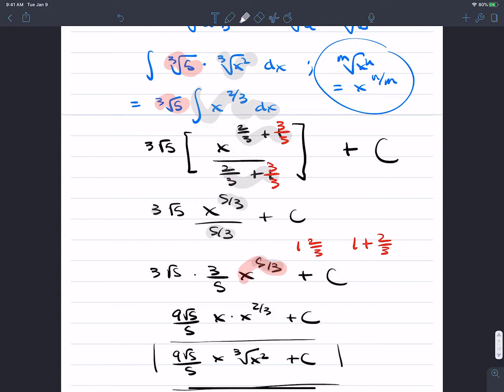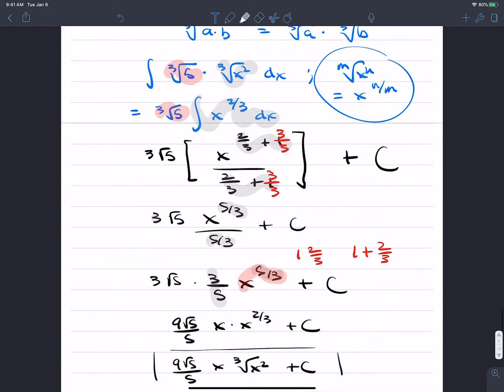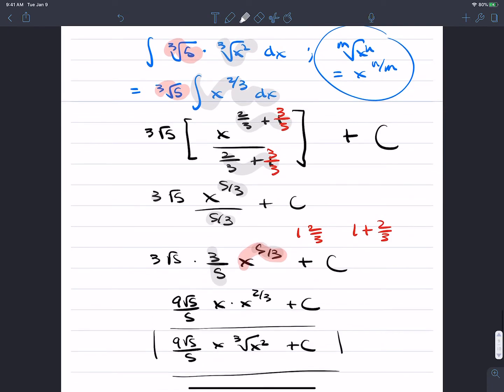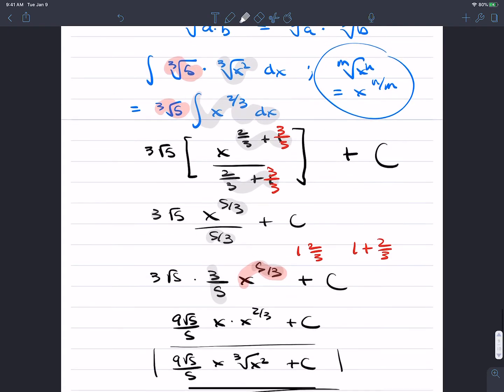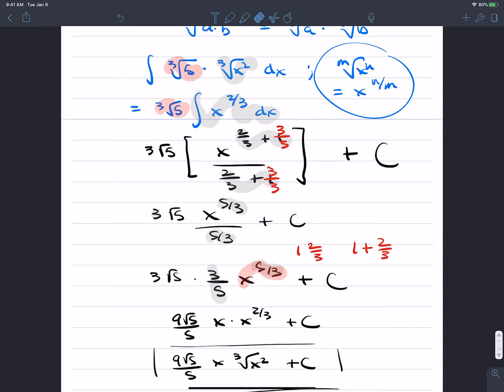So what you have to do is write this. You have division of 5/3. You have to write it as a product of 3/5. But that 3 wasn't a part of it, it's the cube root of 5. Oops, very bad. Thank you so much. Thank you for being awake.